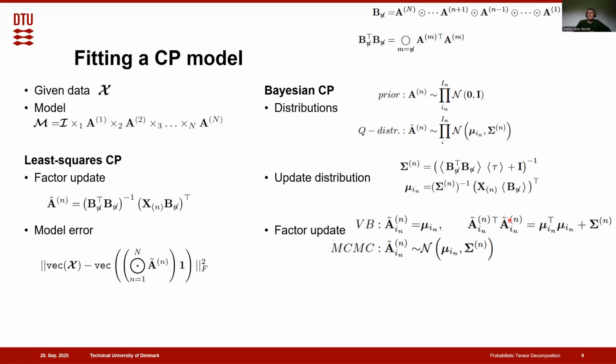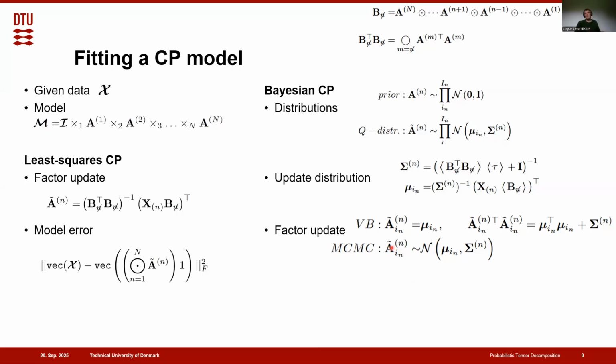And then sometimes you need the expected second order moment, and this is also a standard form. Now, if you do MCMC sampling, instead of using the mean of the distribution and the variance, you draw a sample from the distribution, and then you have none of these brackets. You just use the sample that you have.